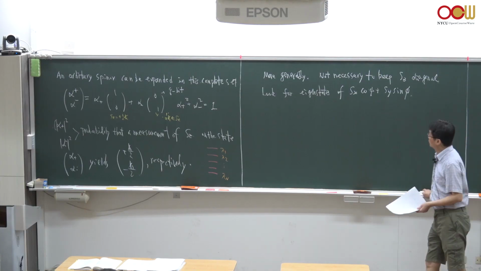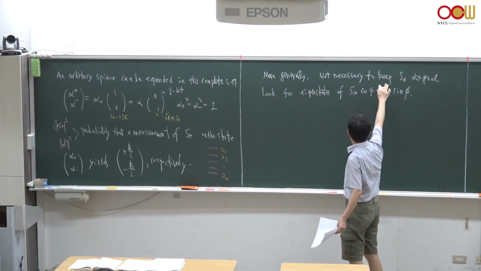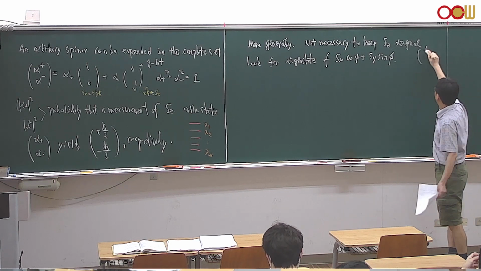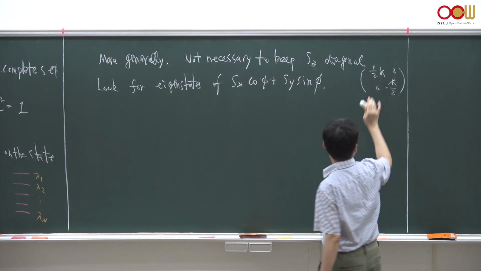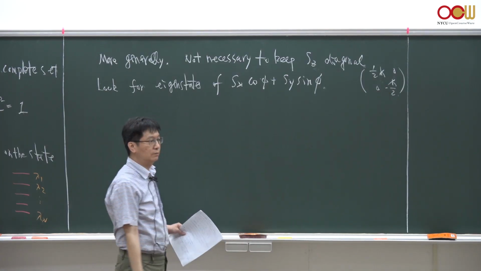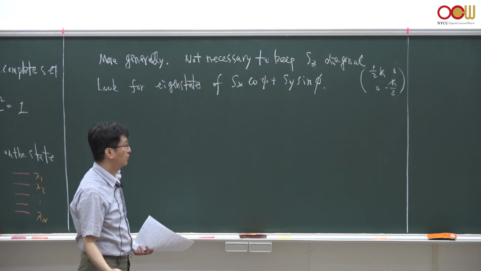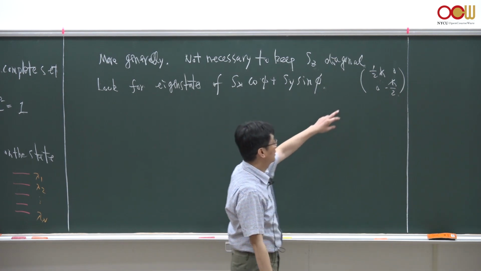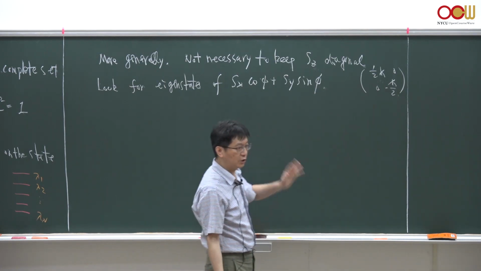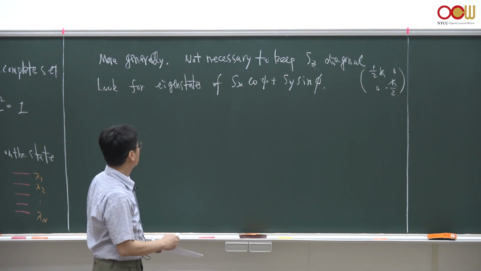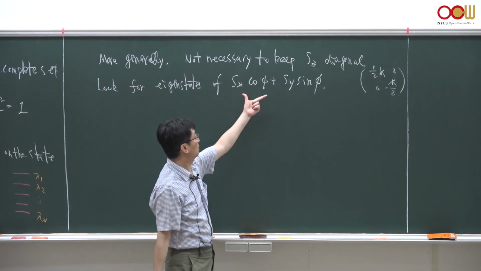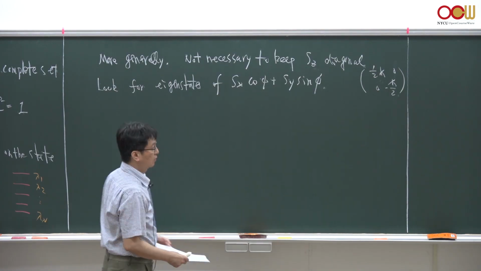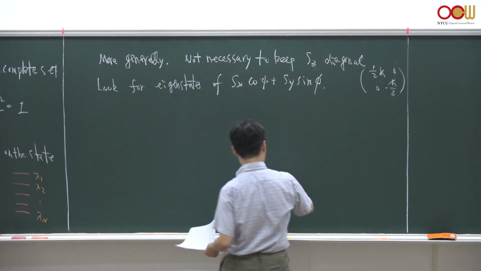In general, we do not need to really keep this Sz operator diagonal. Remember, Sz is diagonal, showing its non-zero eigenvalues along the diagonal direction, but 0 along the off-diagonal directions. But in general, we do not need to keep it diagonal. So you could choose arbitrary spin operators, like linear combinations of Sx and Sy with cosine and sine coefficients, and you could diagonalize this matrix.